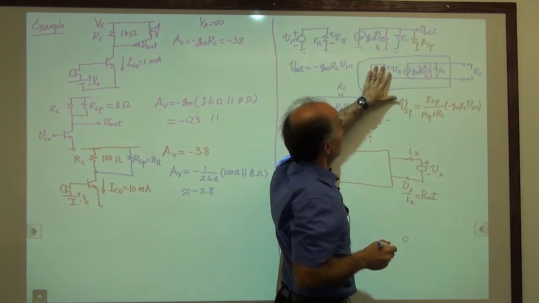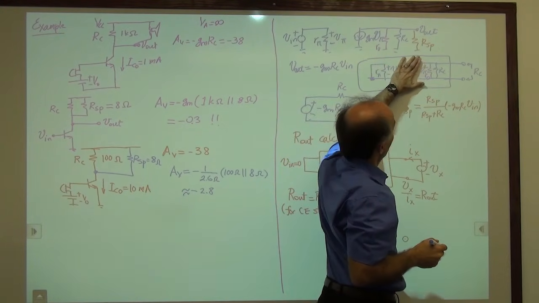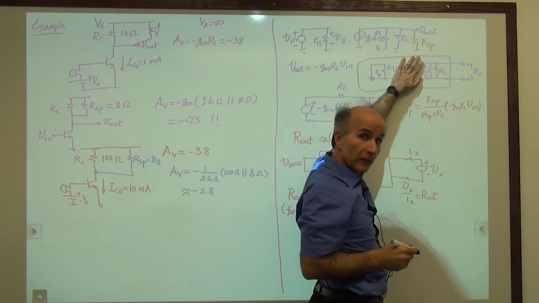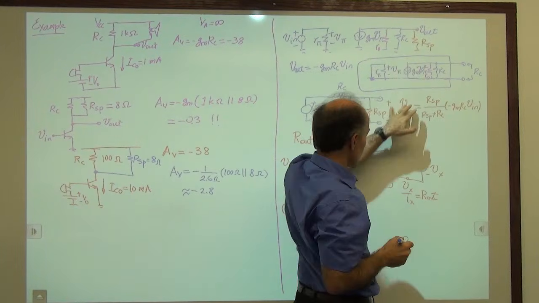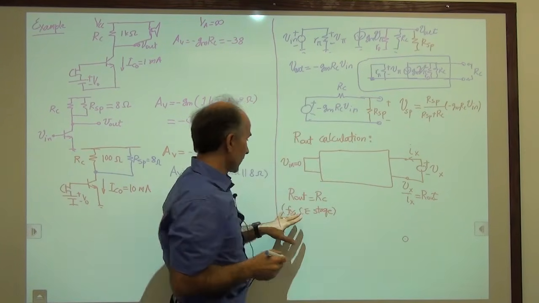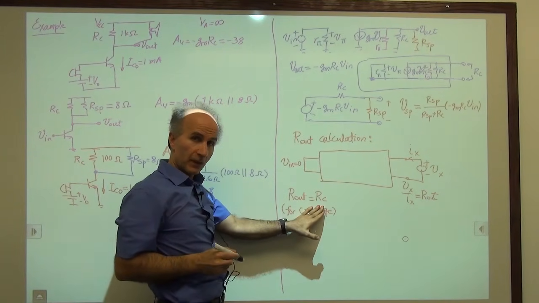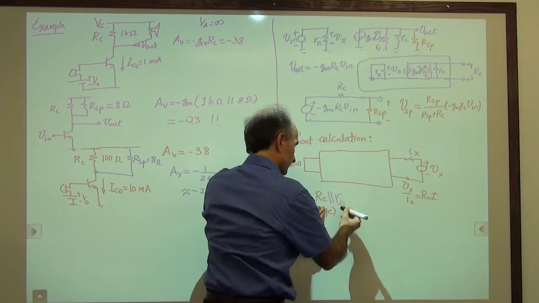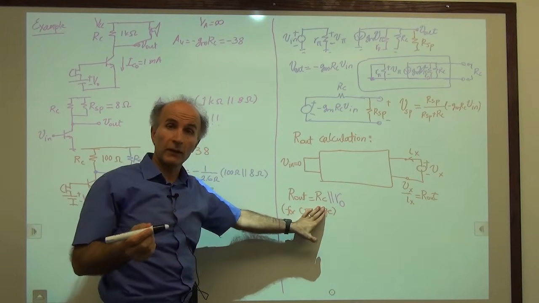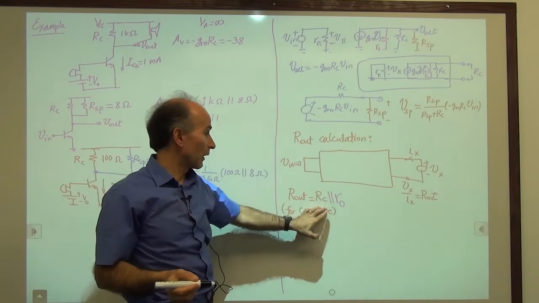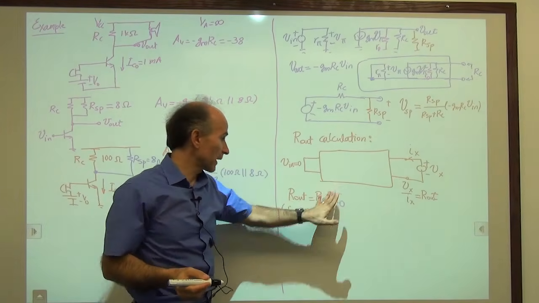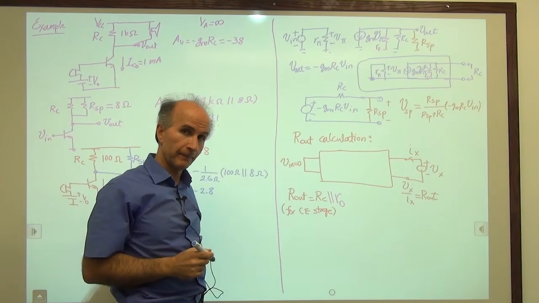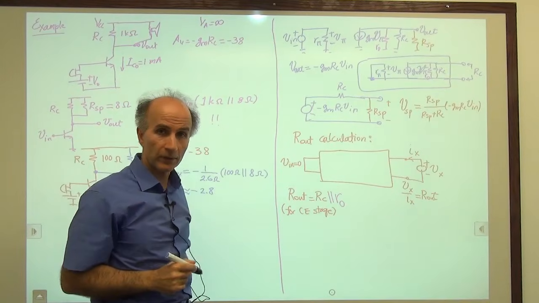Now V pi is 0, GM V pi is 0. What's left includes RC and RO in parallel. So the output impedance of the common emitter stage in general is RC in parallel with RO. If the early effect is negligible, RO is infinity, this is gone, we have only RC, otherwise we have the parallel combination. So that's what we need to remember.